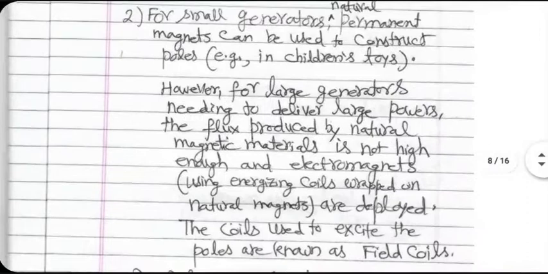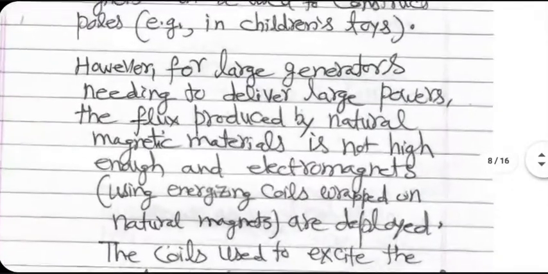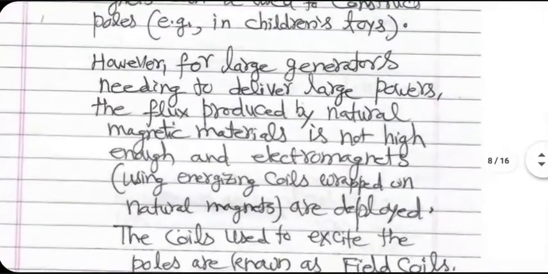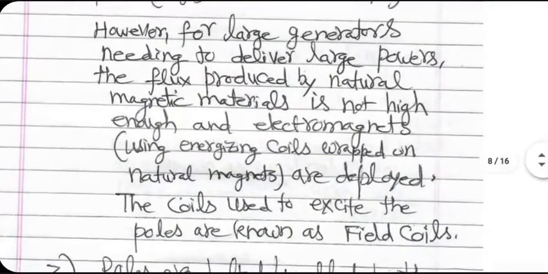However, for large generators needing to deliver large powers, the flux produced by natural magnetic materials is not enough. It's not high enough. And electromagnets using energizing coils wrapped on the natural magnets are deployed.